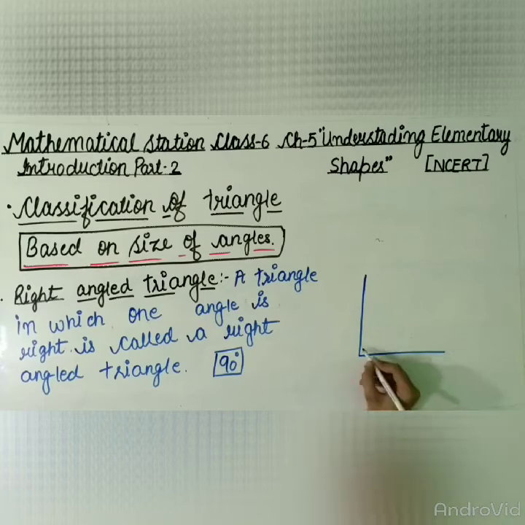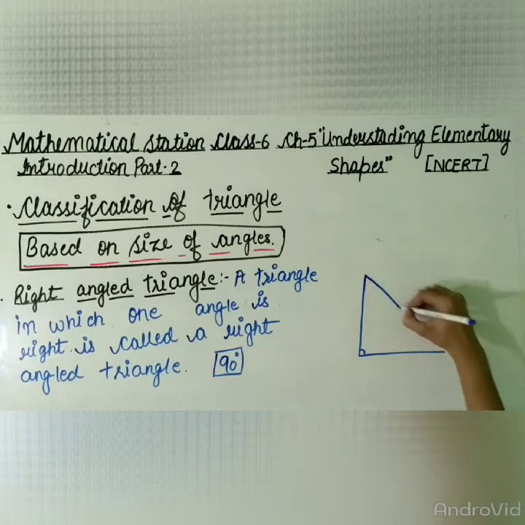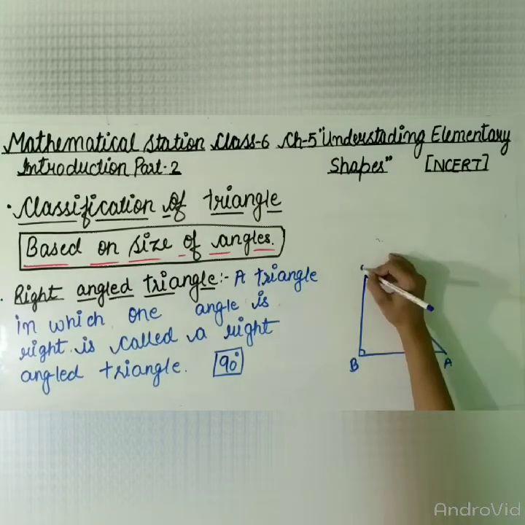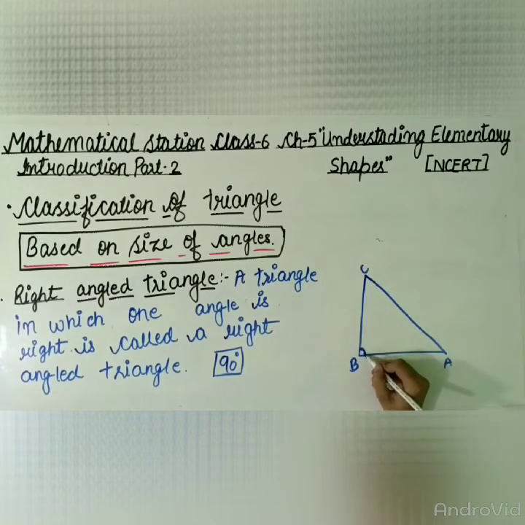Suppose we have one triangle and under it, if the given angle is of 90 degrees, then the triangle will be called a right angled triangle.